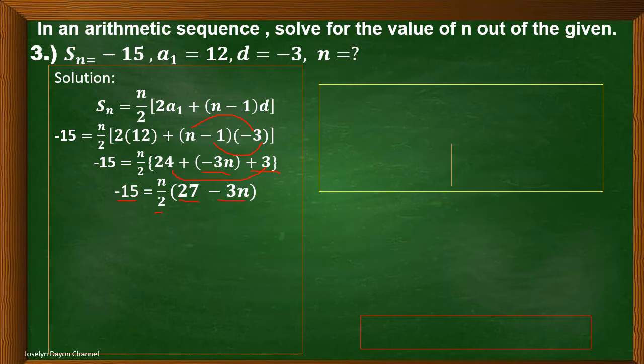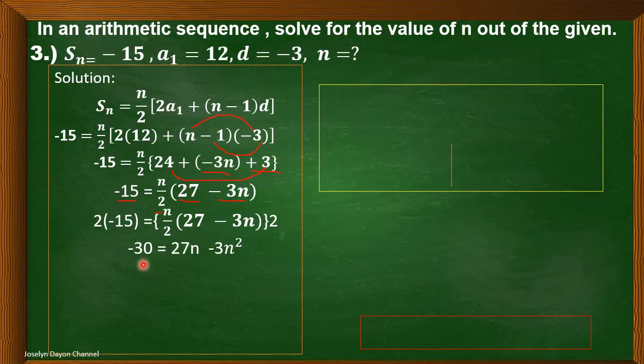Now we have to multiply both sides of the equation by 2 to eliminate the fraction part. So the resulting equation will become 2 times negative 15 is equal to n over 2 times the quantity of 27 minus 3n, times 2. Now we have to multiply 2 times negative 15, that is equal to negative 30.